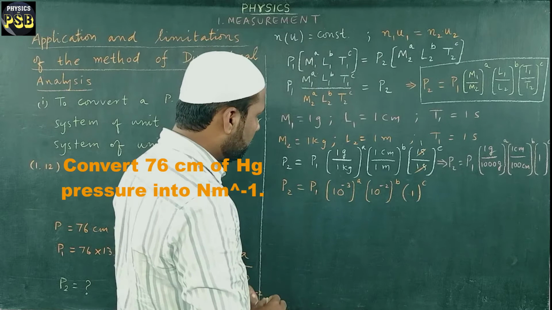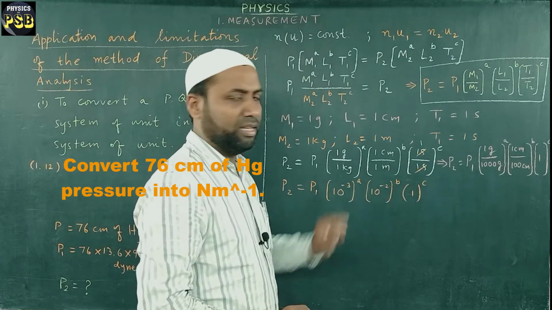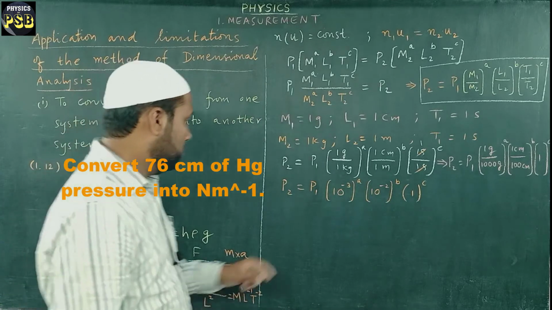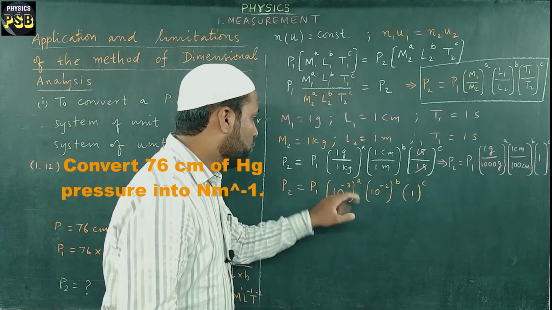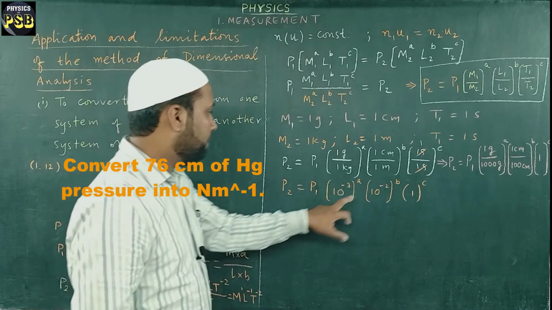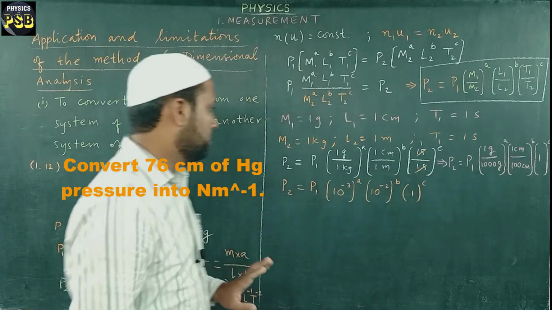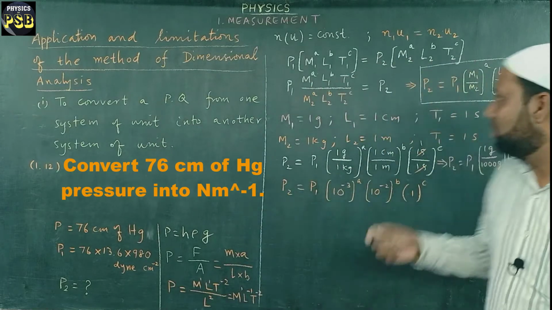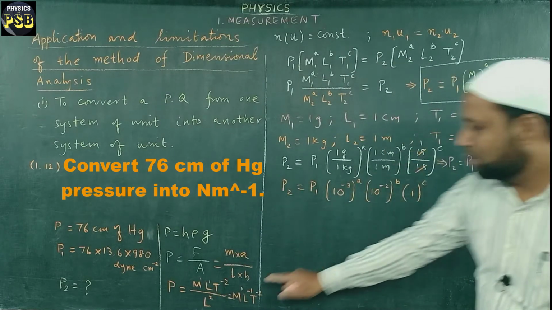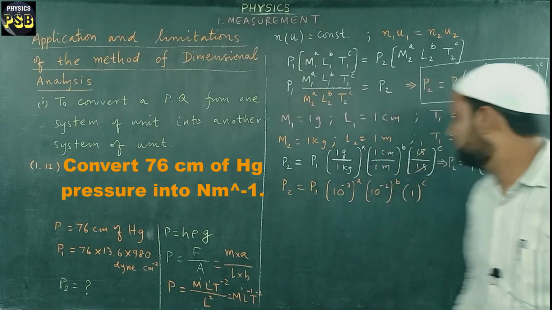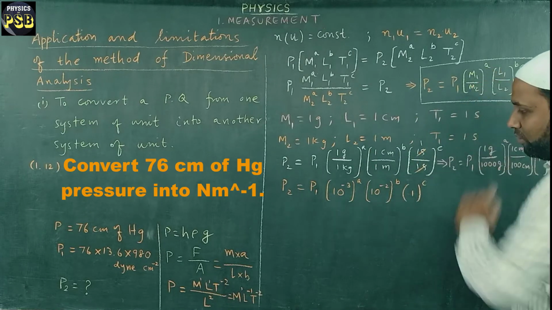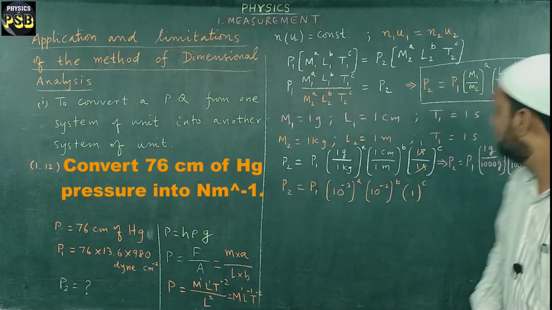Now what is the value of A, B and C? Let's find out. For that, I am going to compare A, B and C present in this part of the equation with the dimension of pressure. Now, the power of M here is A, whereas the power of M there is 1.